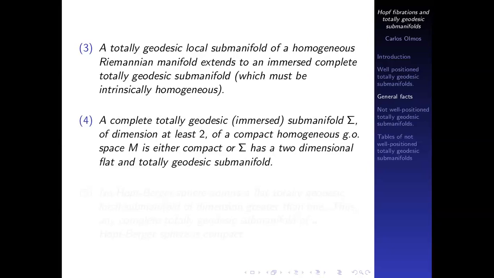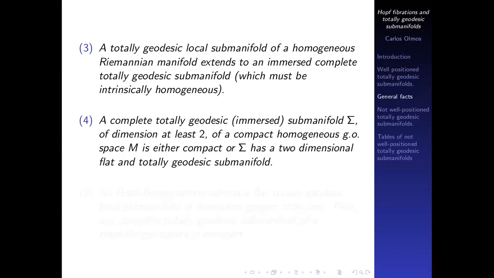Another interesting fact is that a complete totally geodesic immersed submanifold of dimension at least 2 of a compact homogeneous space is either compact. Because a complete totally geodesic submanifold of a compact manifold need not be compact: if you choose a geodesic which is not closed, you get in this way one that is not compact.